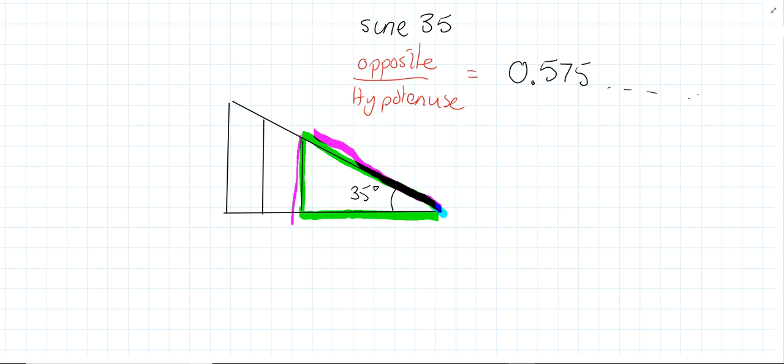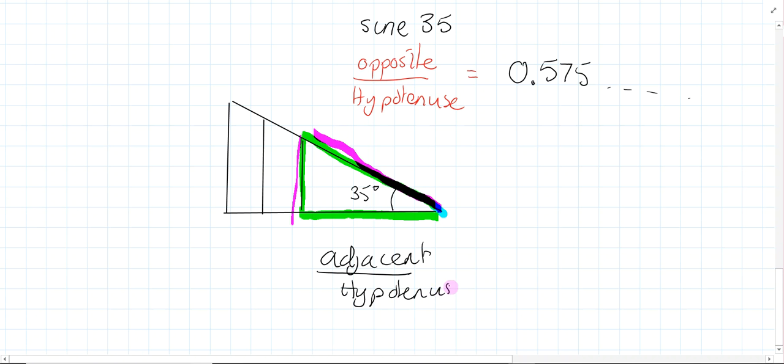Does that make sense? So what's the ratio of the adjacent side to the hypotenuse? What do I use to find that ratio? Cosine.